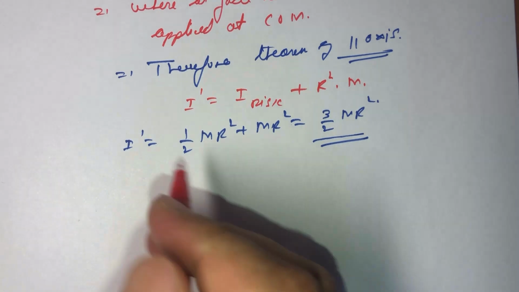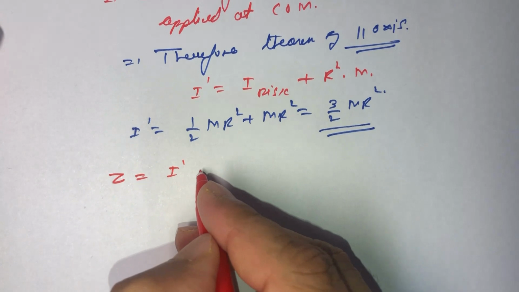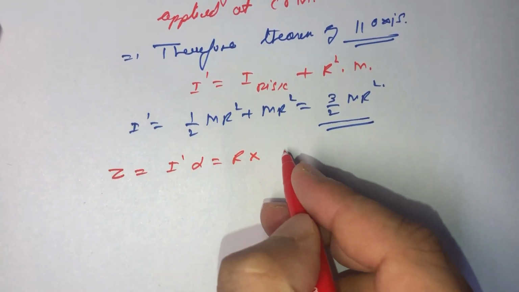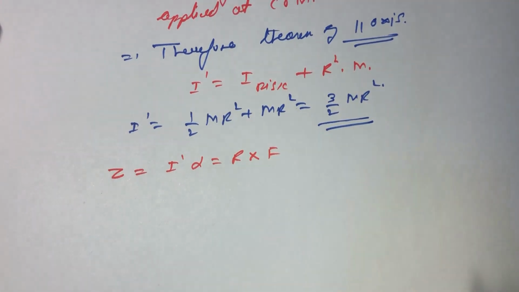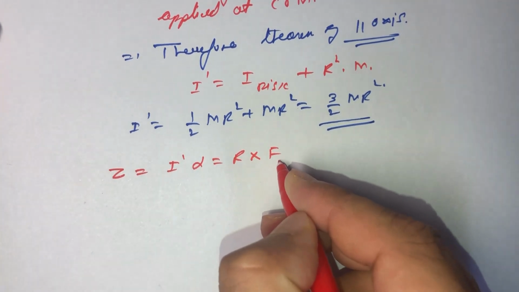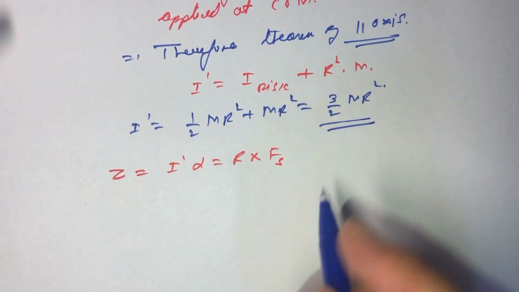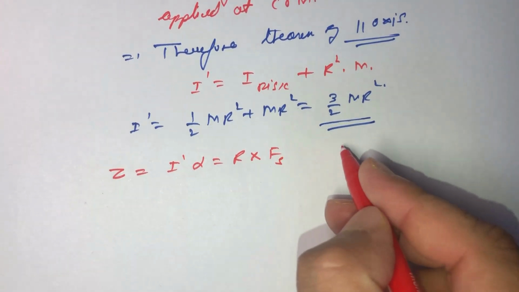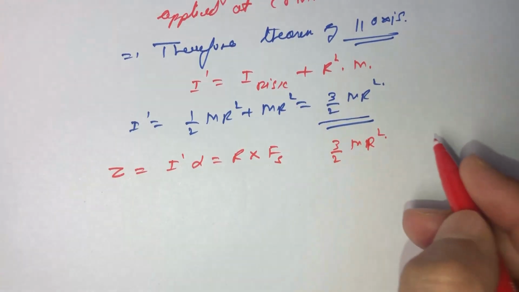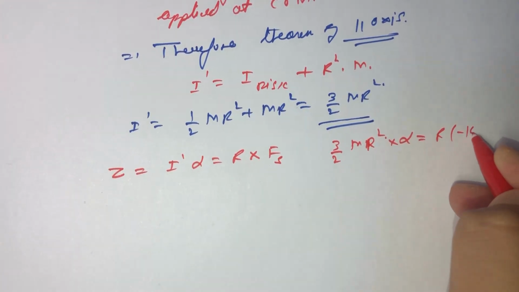Now the torque will be given as I prime multiplied by alpha, or it will also be given as r multiplied by F, where F is your spring force, rather say Fs. So substituting the value, we get 3/2 mr square multiplied by alpha is equal to r times minus kx.